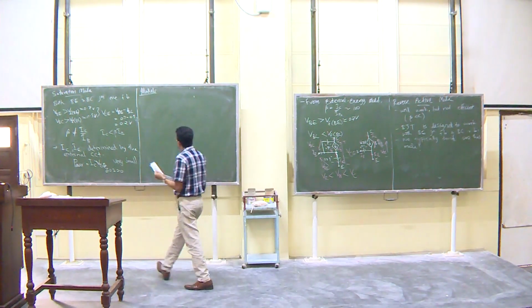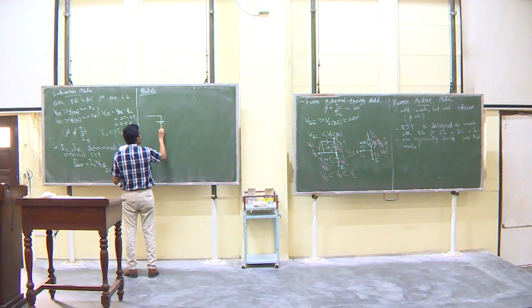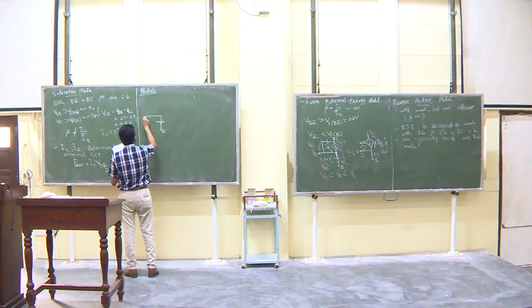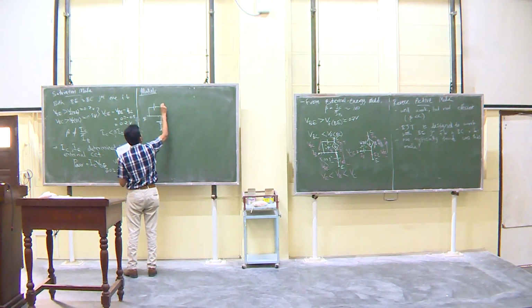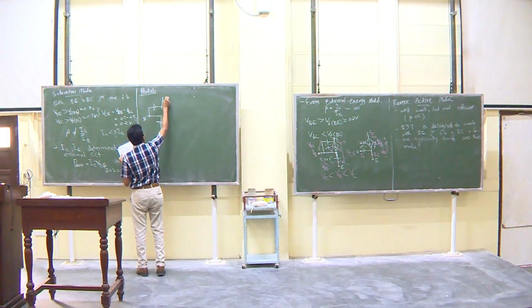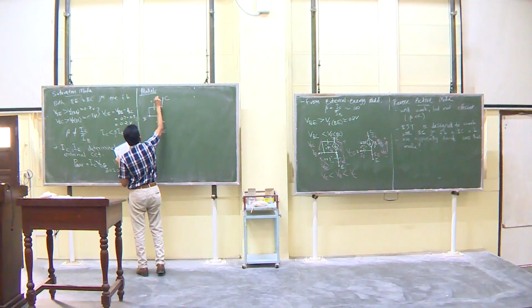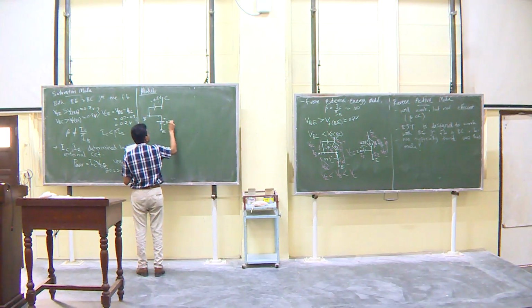So, therefore, my model simplifies to the emitter, base, and collector. This is 0.5 volts, this is 0.7 volts.